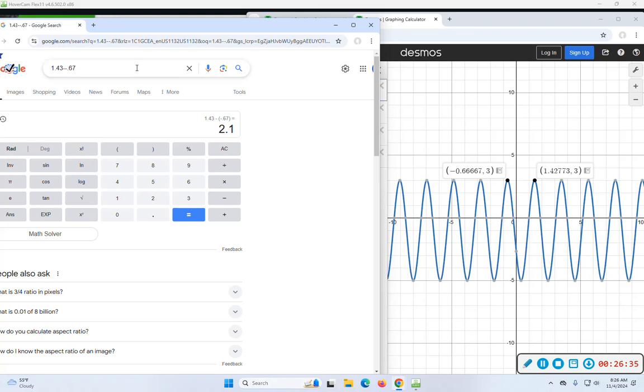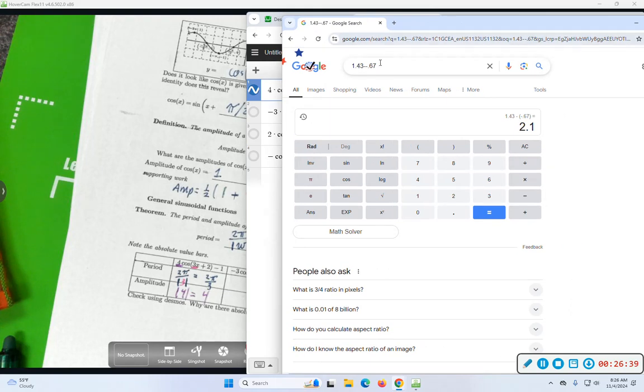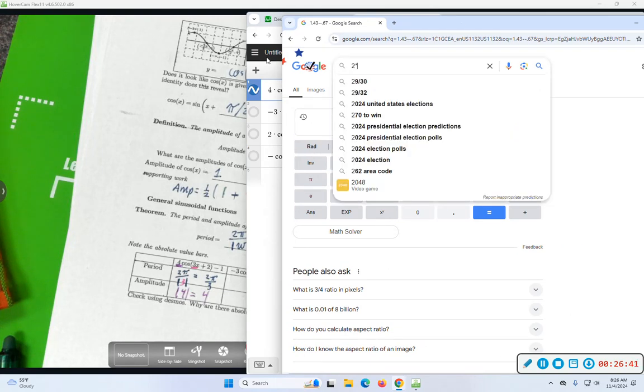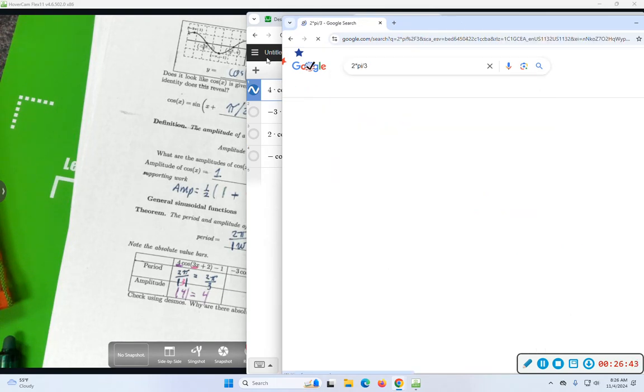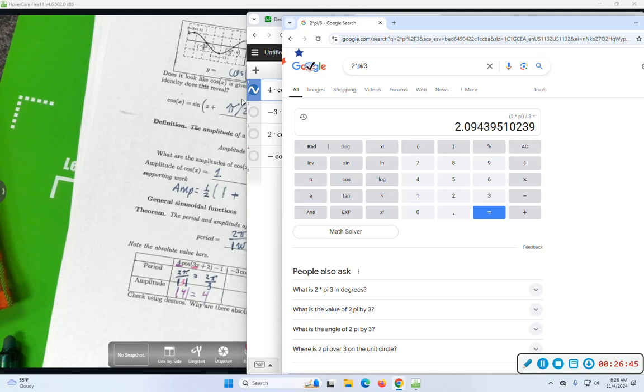So that means the period should be close to 2.1, but we computed the period exactly. We got it to be 2 pi over 3. That agree close enough? Nice. So I think I believe that.